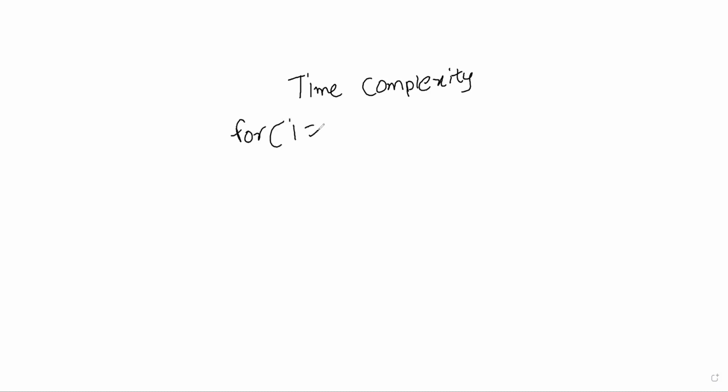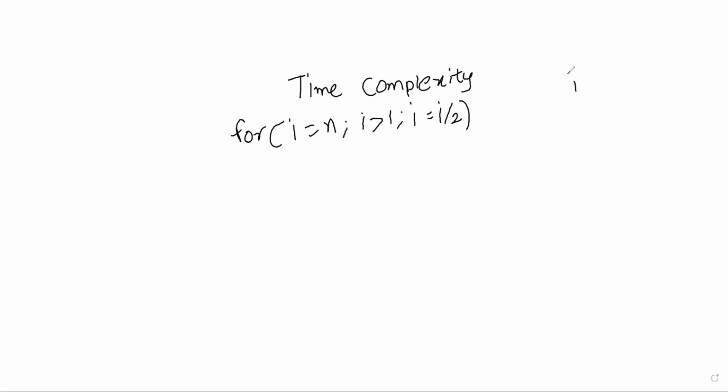So this is the code we were discussing: for i equals n, i greater than 1, and i equals i divided by 2. Now let's analyze. What are the values of i? i starts from n, right?